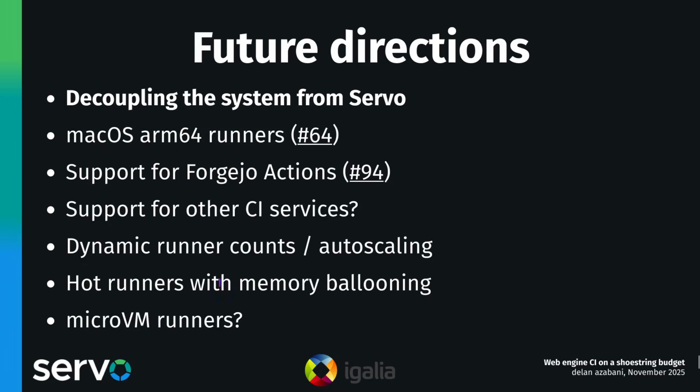The remaining ideas are things that I think we could look into to make our runners more efficient. The big one is autoscaling. At the moment, when you set up a server to operate some self-hosted runners, you essentially have to statically pre-configure how many runners of each kind of runner you want to be kept operating.